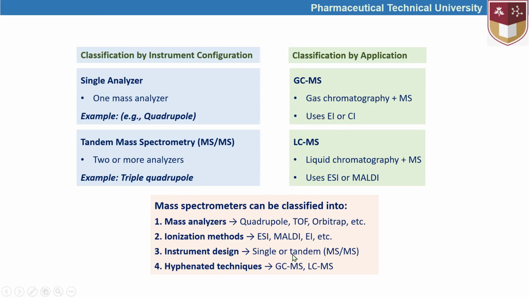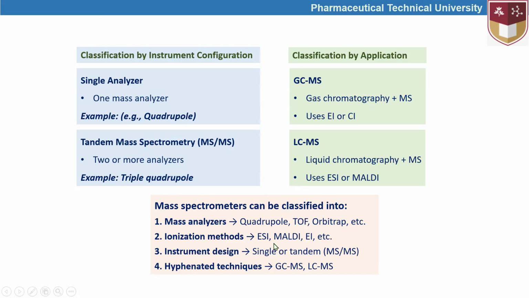According to instrument design, mass spectrometers can be single or tandem, like single quadrupole or triple quadrupole.